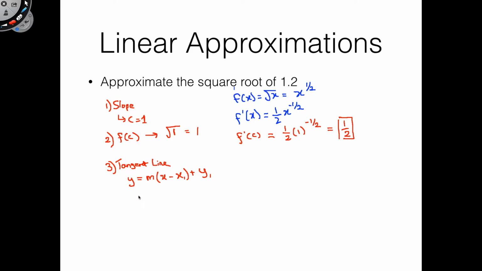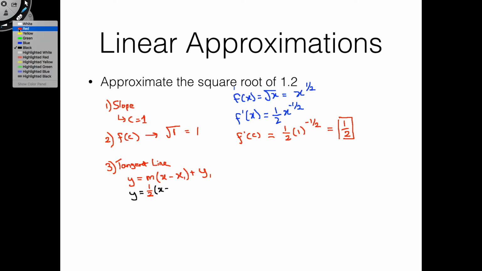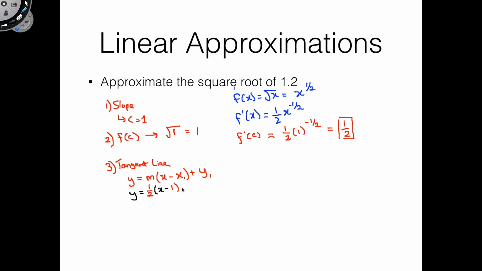Plugging in everything we know, this would be y equals 1/2 times x minus 1, because that's the c we chose, plus y1, which is just going to be f of c, and that's also going to be 1. So that right there is the equation for our tangent line.